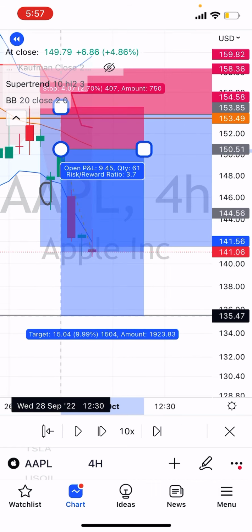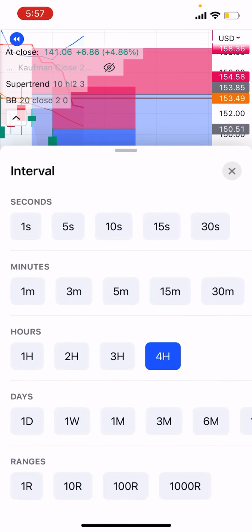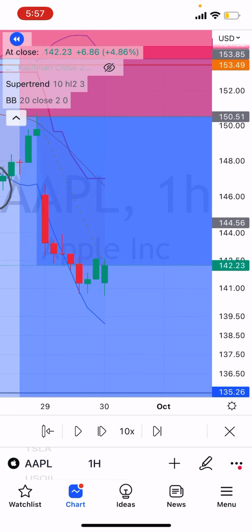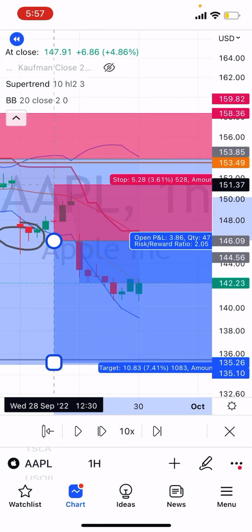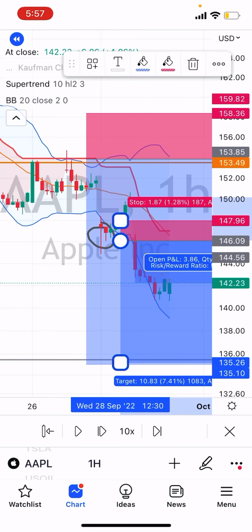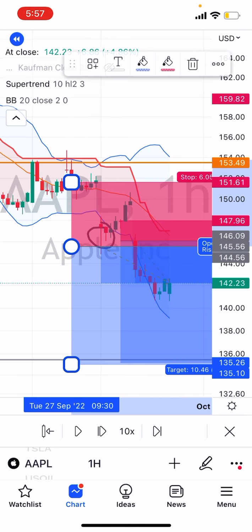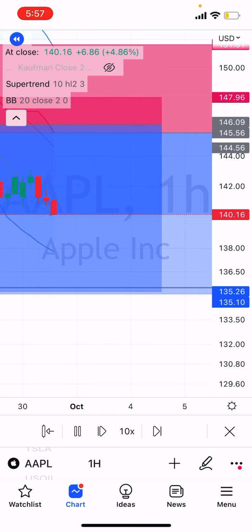So if we put stop loss and profit, we'll take that. Go back to the 1 hour time frame. Our next stop loss can be down here. This one can come down here also. Hit play.